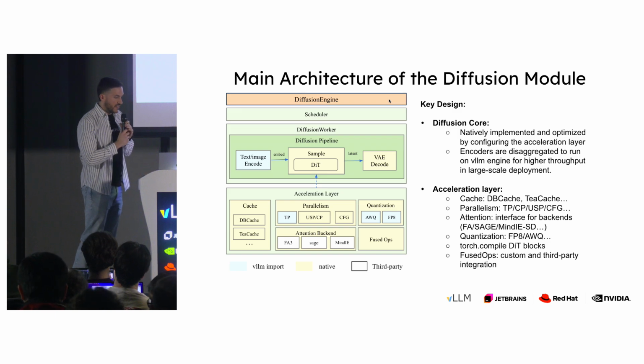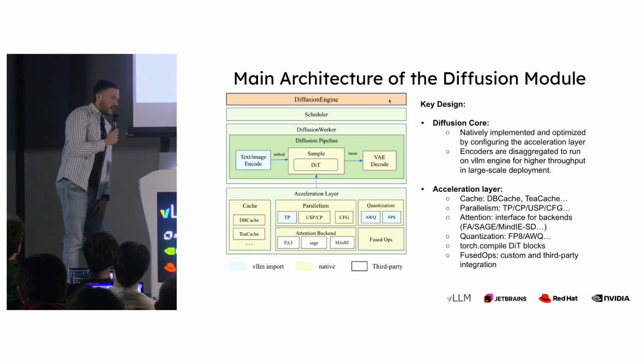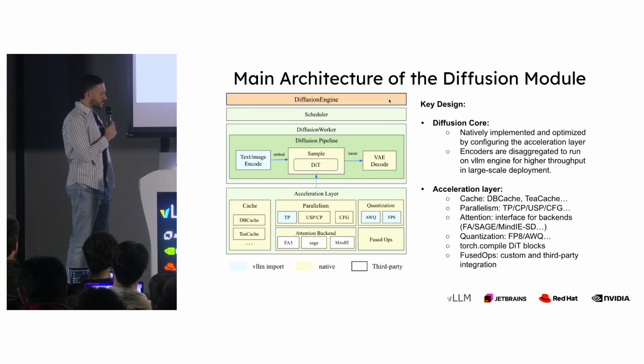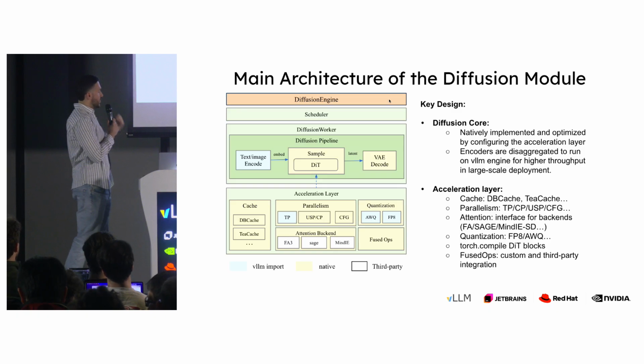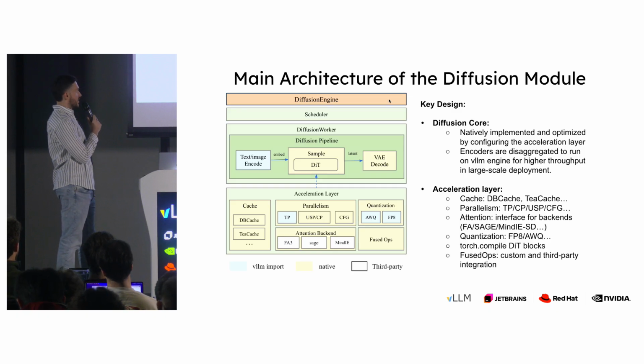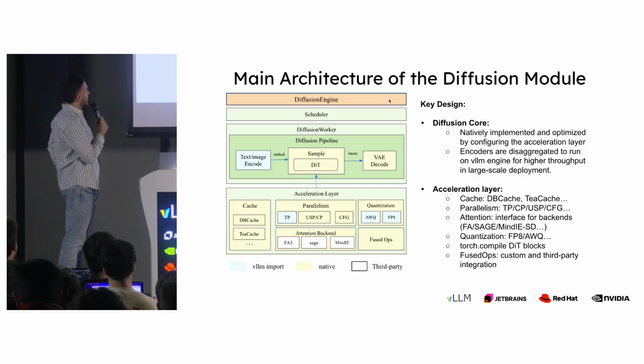So how does this reflect in the framework? If you look at the design of the diffusion engine itself, we've talked about the scheduler, but the diffusion worker is really the core of the engine.